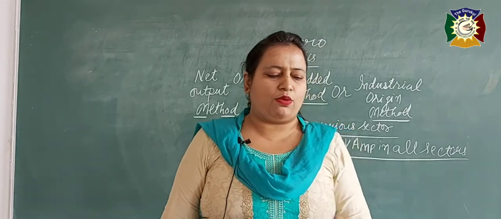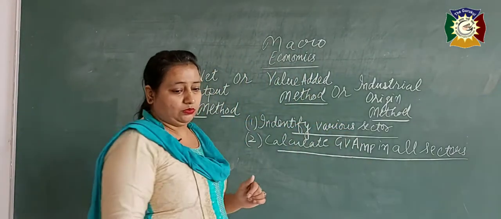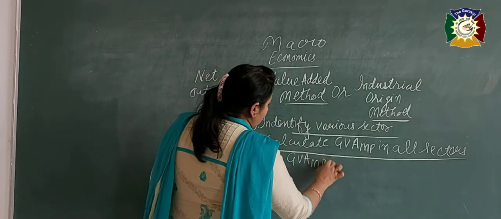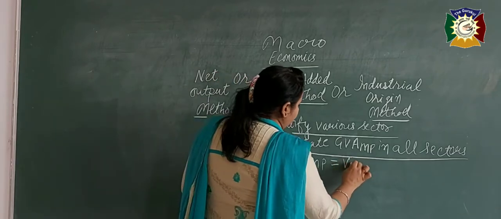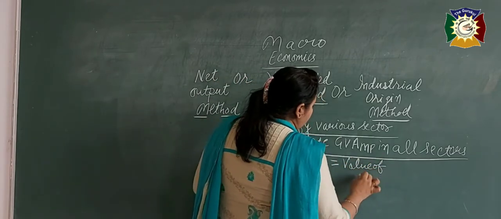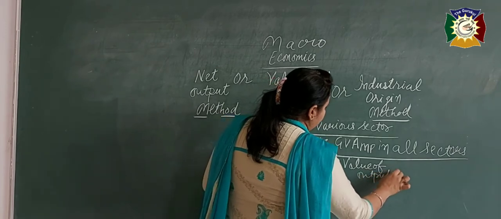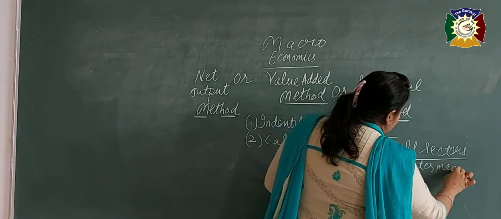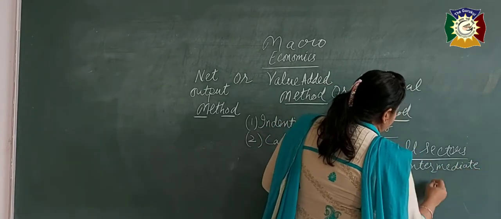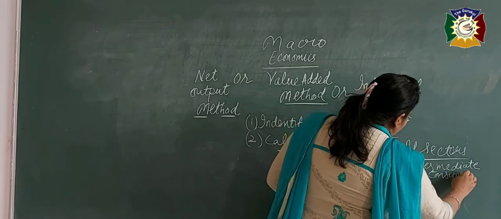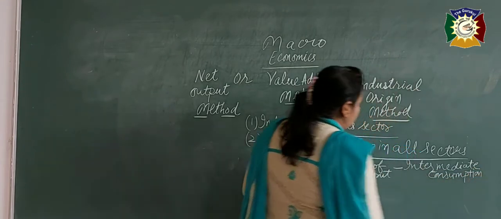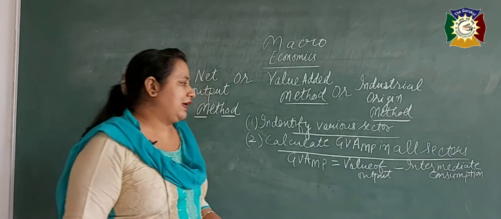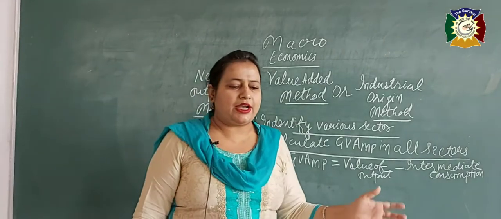The formula of GVAMP is value of output minus intermediate cost. Intermediate cost, intermediate consumption, purchase of raw material, non-factor cost, all are the same. This is the value of output minus intermediate consumption or intermediate expenditure.